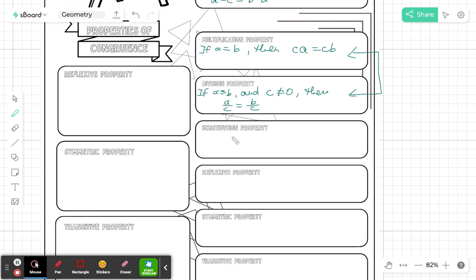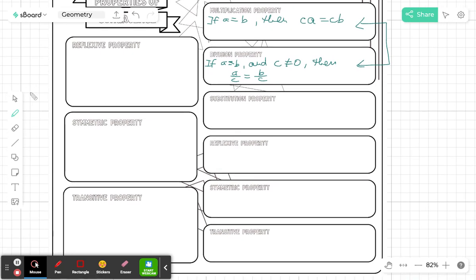All right, moving on to substitution property. In substitution property, we would say that if A equals B, so it starts the same way, then we can substitute either A or B in the other equation for each other.